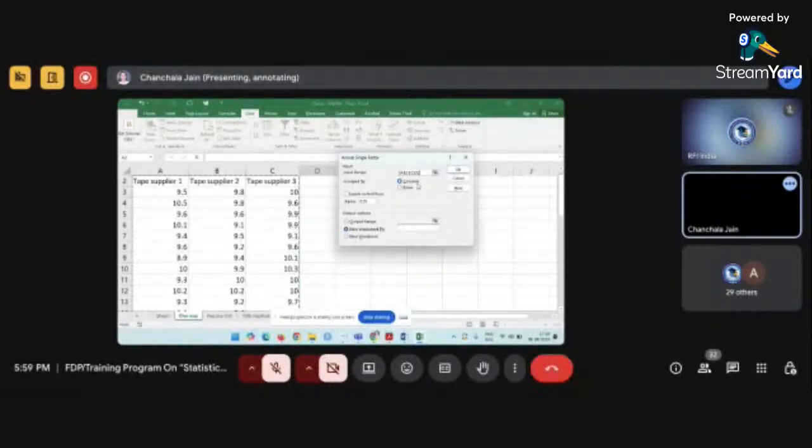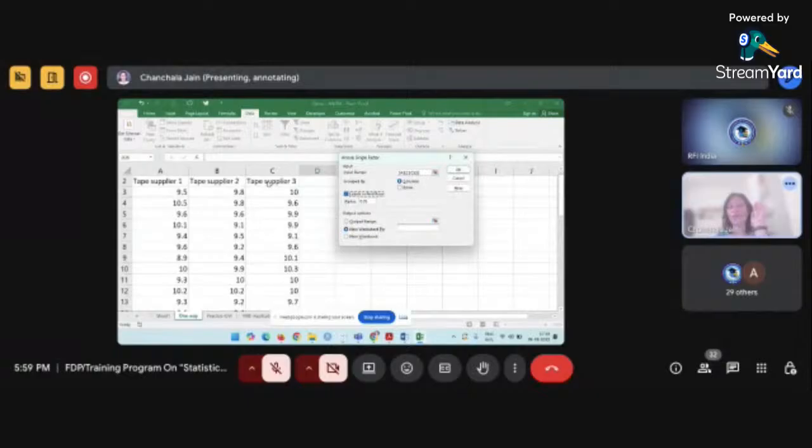Yes, ma'am. Now I'll select labels in the first row because I selected my data including these headings. If you have not selected these headings, do not check this box, right? Then alpha is 5% by default. If you wish, you can come to this box and change the level of significance value.